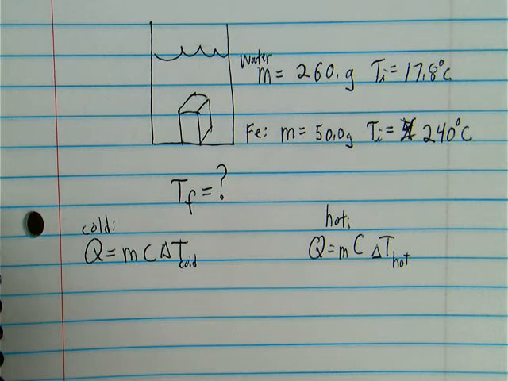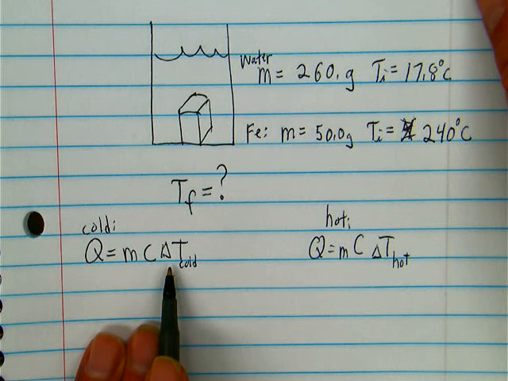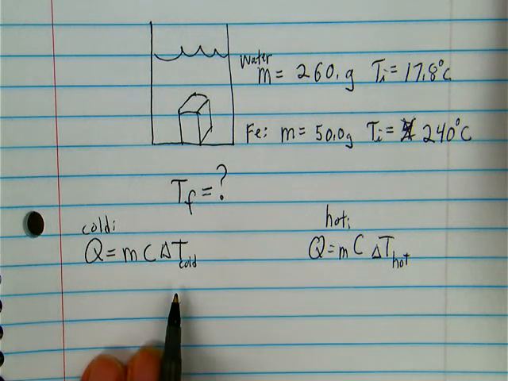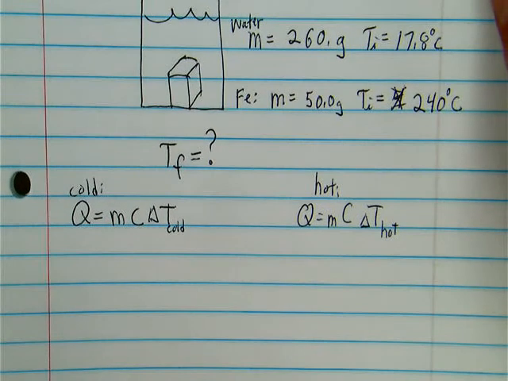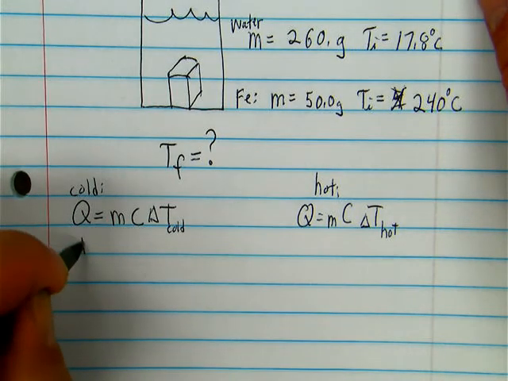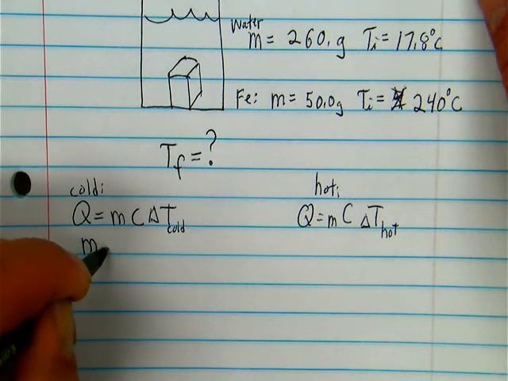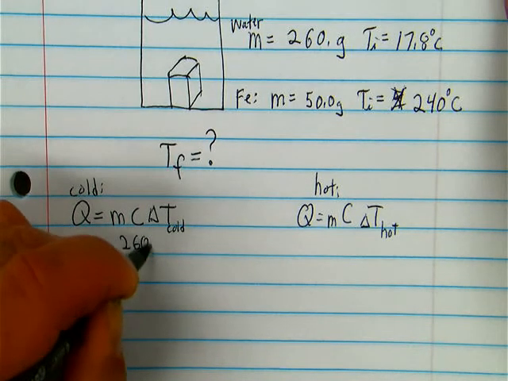How do we find the final temperature? We have to expand the delta T so that we have one nice equation with one unknown in it. So for the water, its mass is 260 grams.